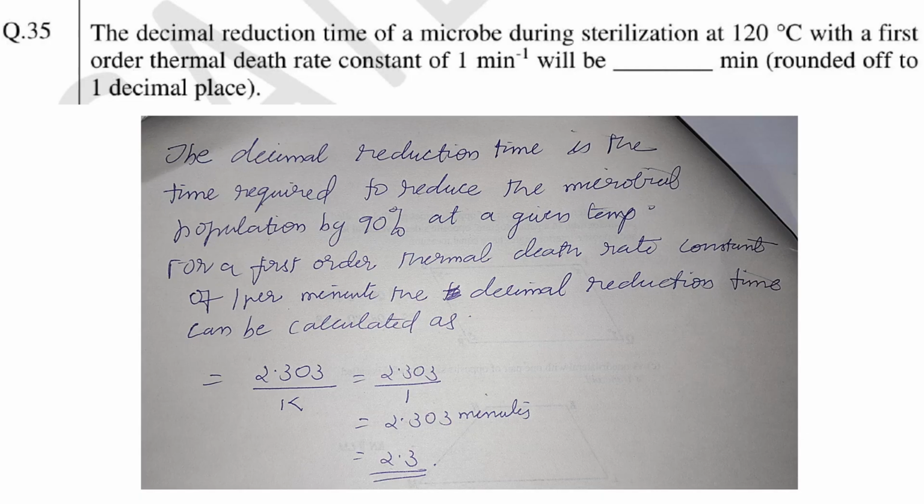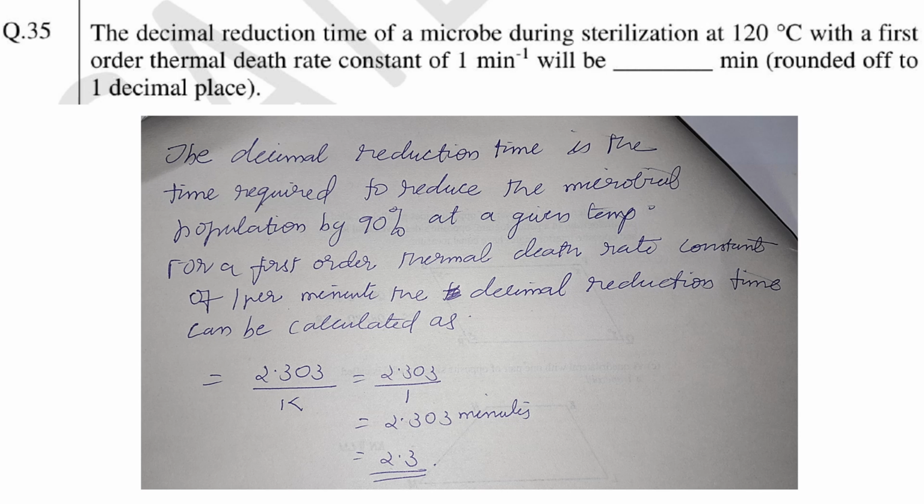Then next one. The decimal reduction time of a microbe during sterilization at 120 degrees Celsius with a first order thermal death rate constant of 1 per minute will be dash minutes. Round off to 1 decimal place. So the decimal reduction time is the time required to reduce the microbial population by 90% at a given temperature.